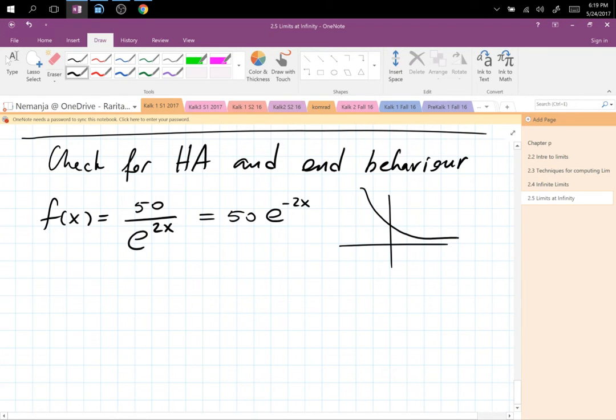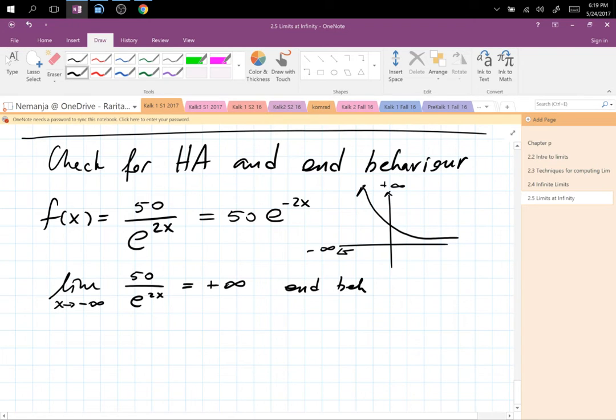So just by looking at the graph, the limit as x goes to negative infinity of our problem is immediately giving you positive infinity. So that's end behavior, because as you go to negative infinity in x, you go to positive infinity on y, because the function goes that way.